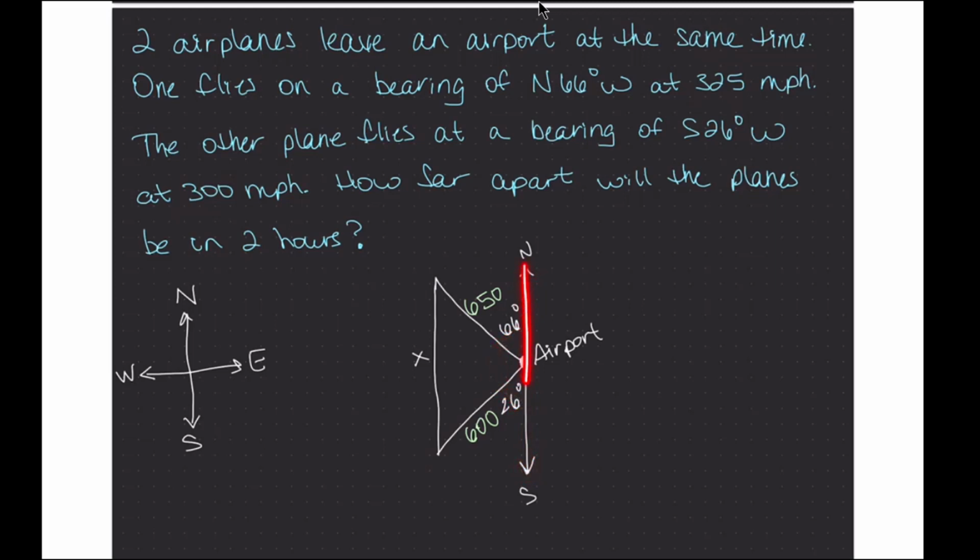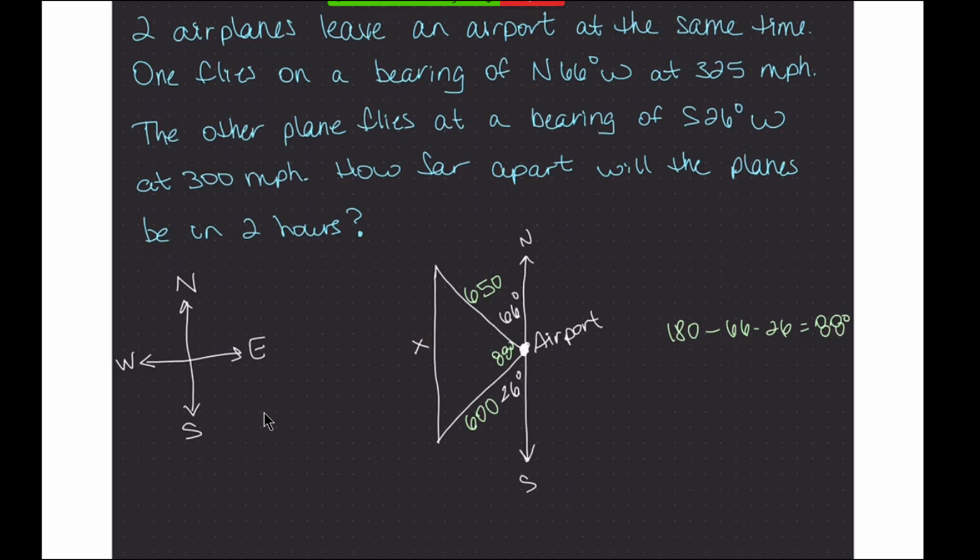So out of this 180 degrees, I know this piece was 66, and I know this piece was 26. So could I figure out that angle? Yeah, just do 180 minus those two angles, right? So 180 minus 66 minus 26 is going to give us 88 degrees. So this little angle is going to be 88 degrees.